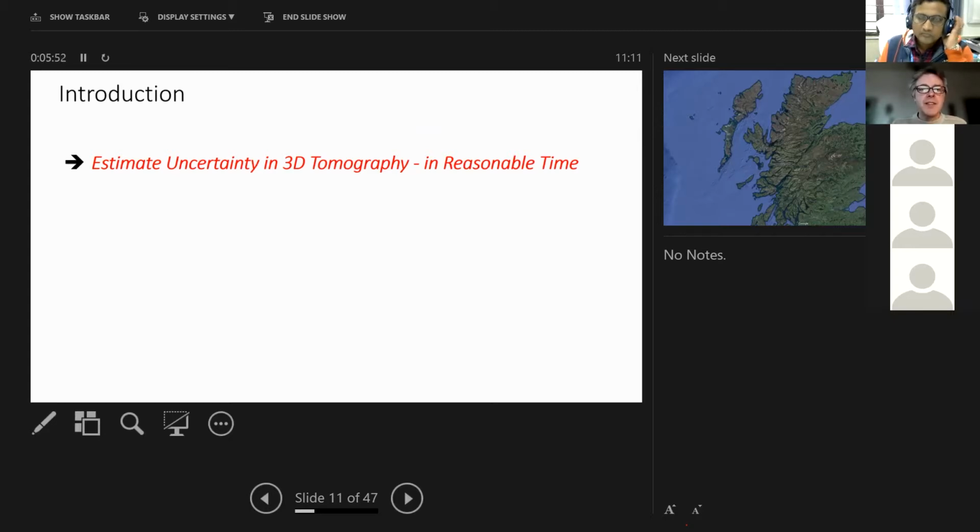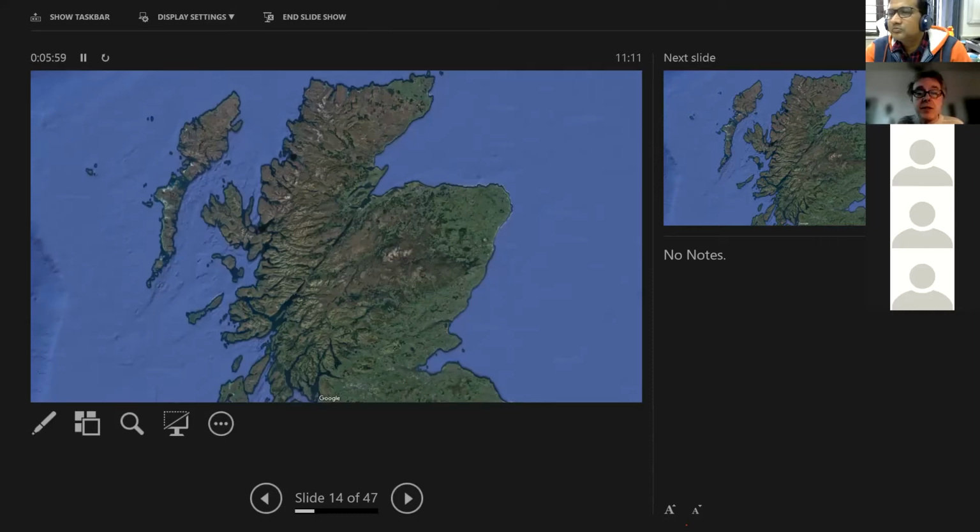So let's now think about a specific scenario where we can start to think about what the issues are. So here is Scotland, a map of Scotland, if you're not familiar with it. And let's say that we were interested in finding out about subsurface structure of Scotland.